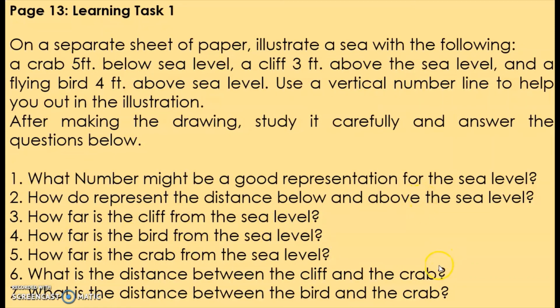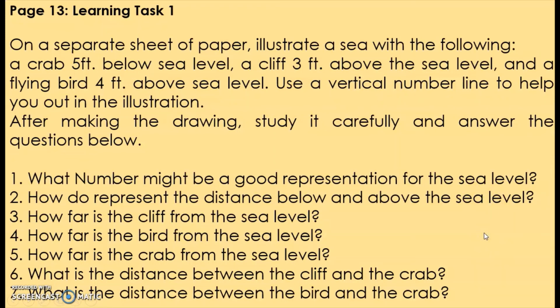All these questions are asked about the distance units covered from the sea level. Let's say that the sea level is the midpoint, or the in-between. Let's say it is 0.